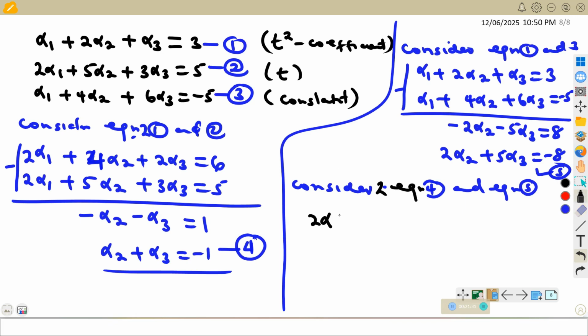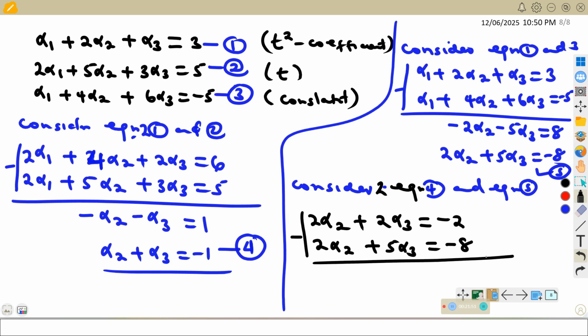When I multiply equation 4 by 2, I will have 2 alpha 2 plus 2 alpha 3, which is equal to negative 2. Here I have 2 alpha 2 plus 5 alpha 3, which is equal to negative 8. So I will again subtract. This will give us negative 3 alpha 3, which is equal to negative 2 minus negative 8, that is positive 6. So meaning alpha 3 is negative 2.